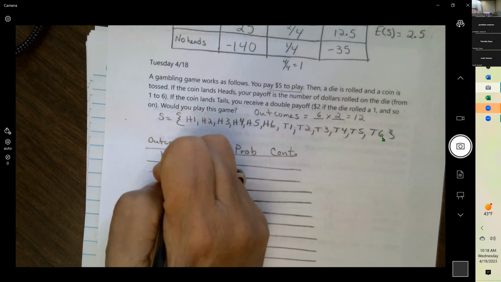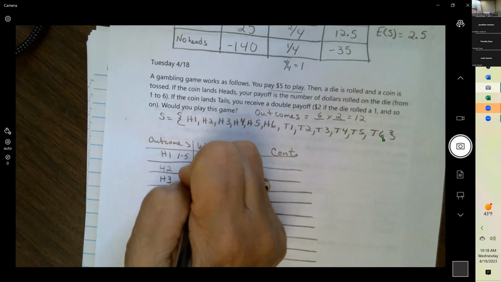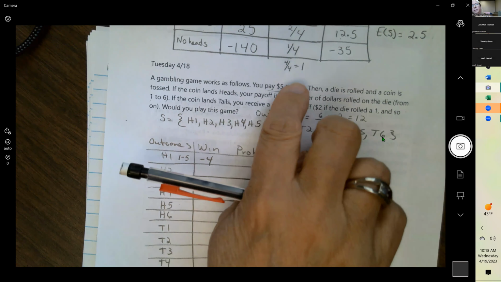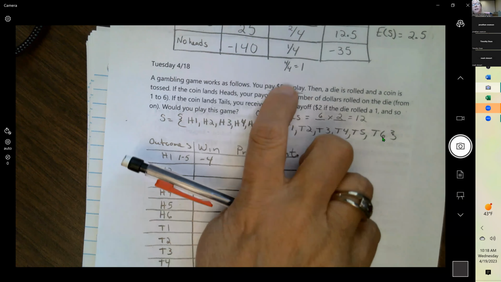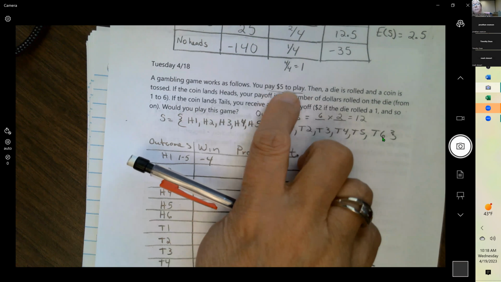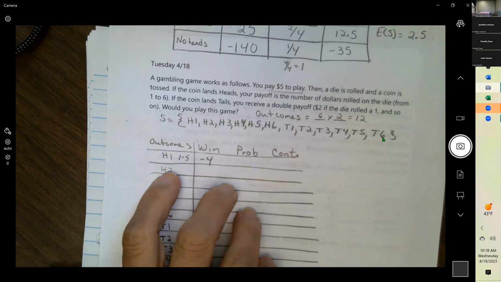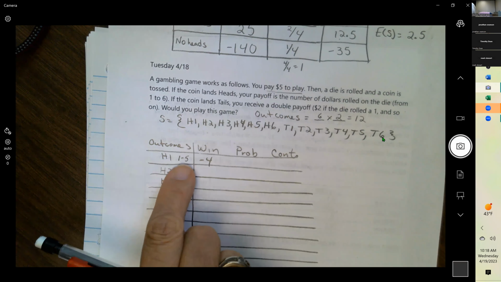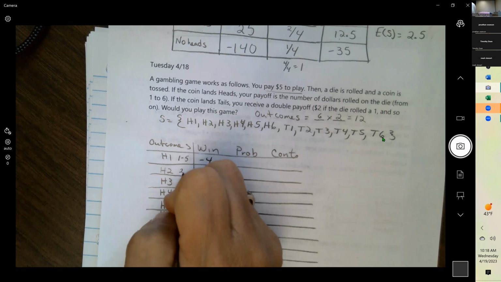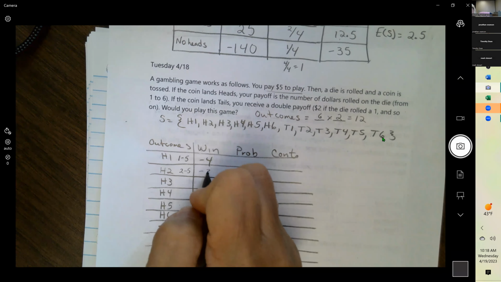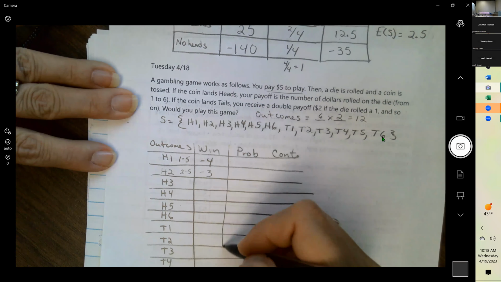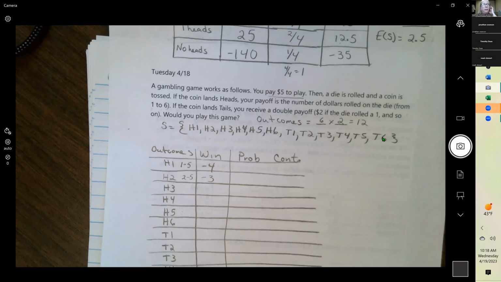So 1 minus 5, we're losing $4. Because you want to subtract this 5 here every time. So if we get heads with a 2, we get $2, but it costs 5 to play. We're out $3. Any questions so far?